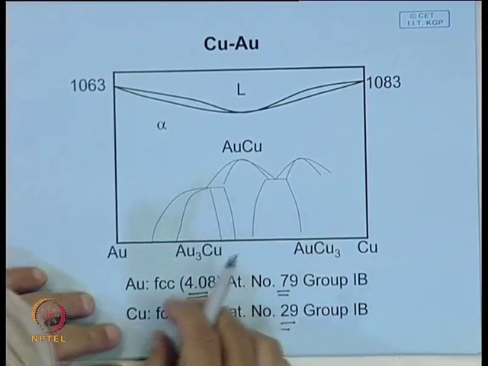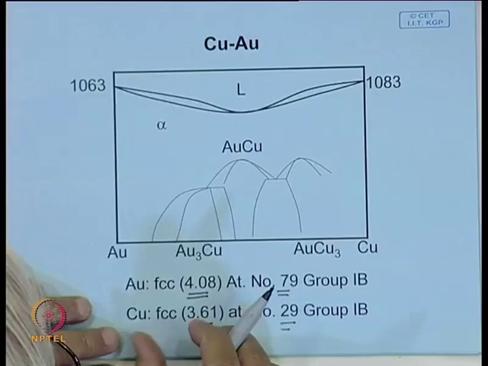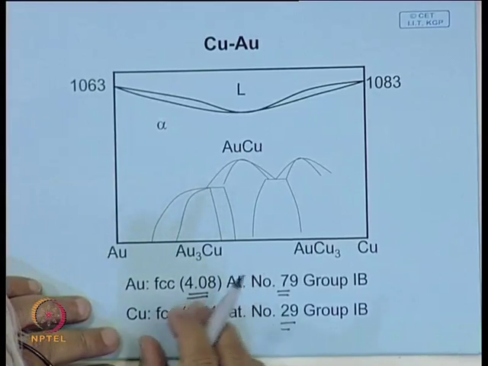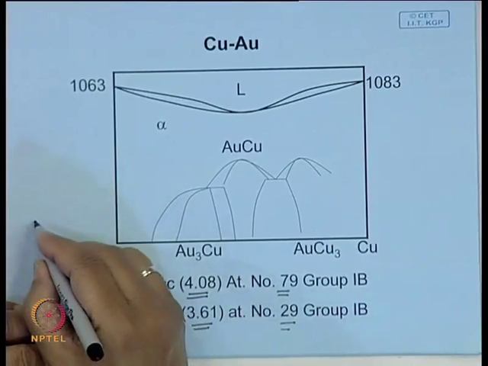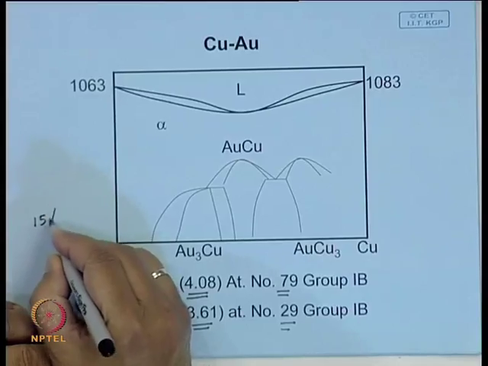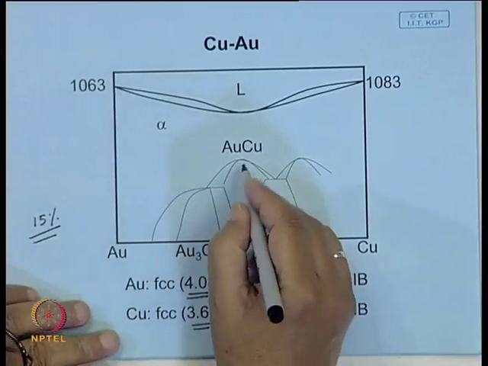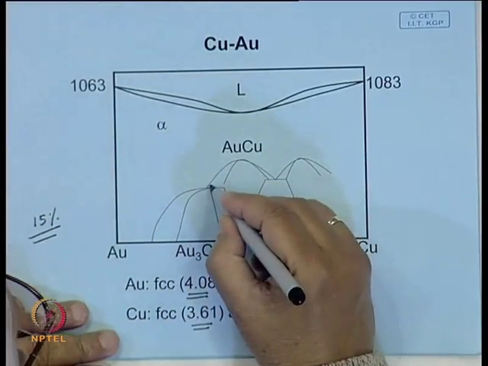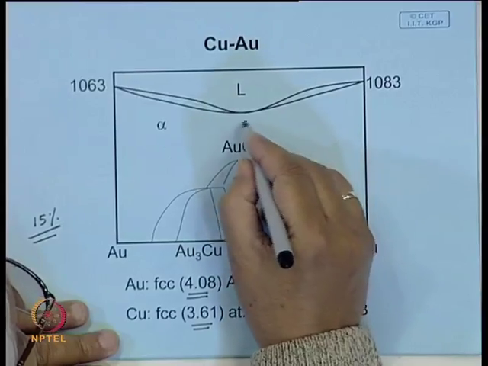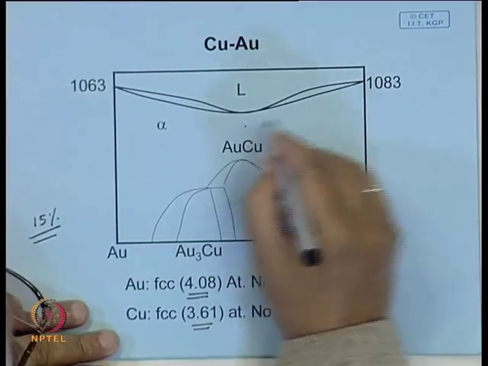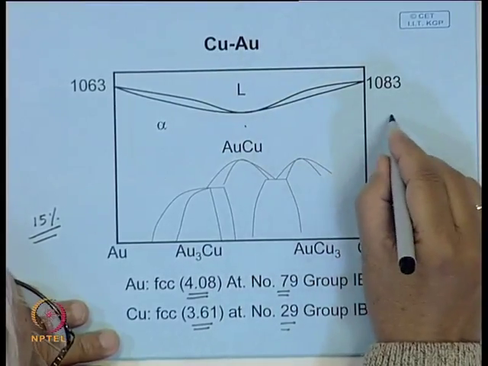So, obviously, their atomic diameter will be slightly different, maybe not within that 15% limit, and here this kind of tendency shows up. Both have a face centered cubic structure.